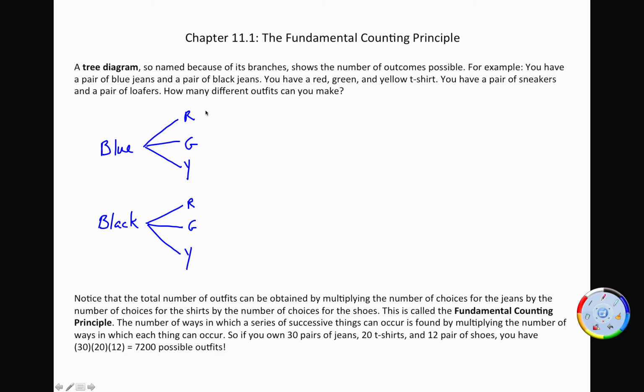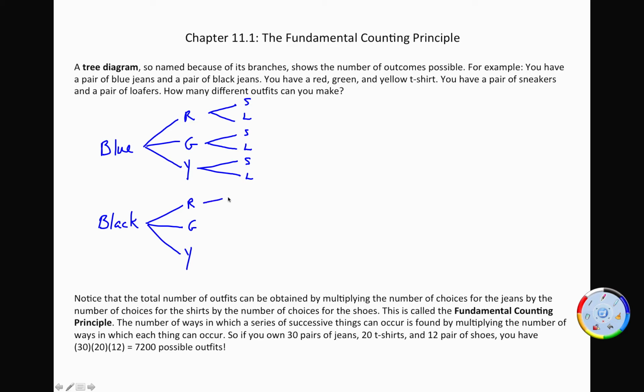Now, additionally, I have two different kinds of shoes. So if I wear my blue jeans and a red shirt, I can either wear sneakers or loafers for a different outfit look. With the blue jeans and green shirt, I also have the option of either sneakers or loafers. With the blue jeans and yellow shirt, sneakers or loafers.